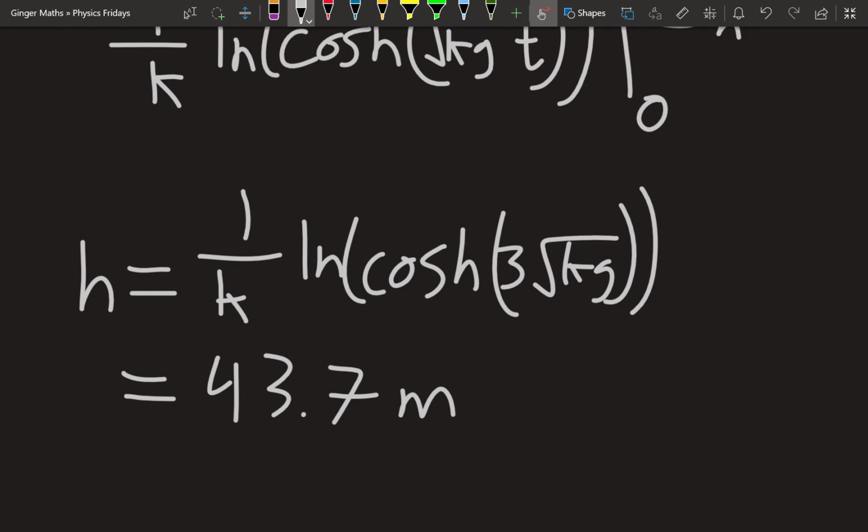I am well aware that Desmos is a calculator, but I just want to make sure I'm not doing anything silly, because I have a history of doing silly math things, believe it or not. So cosh of 3 times square root of 10 times 7 times 10 to the negative 4, because that's our k times g.